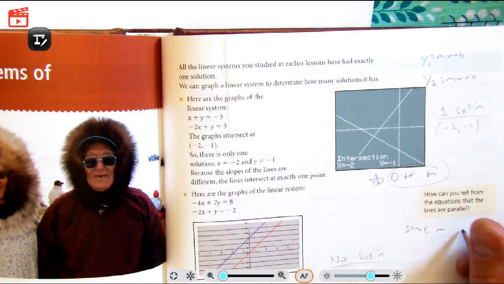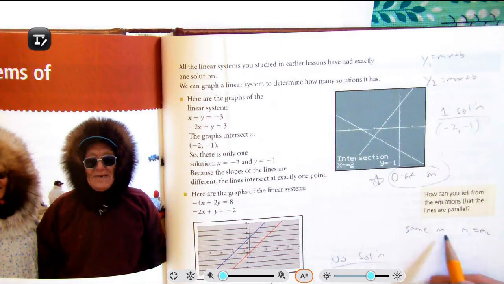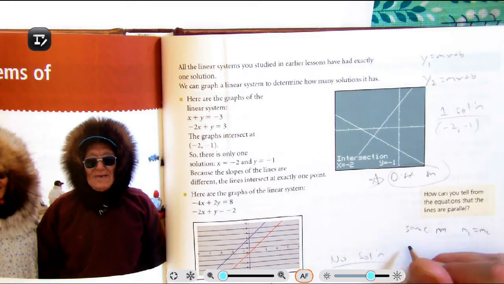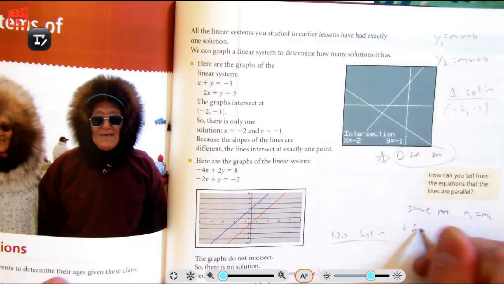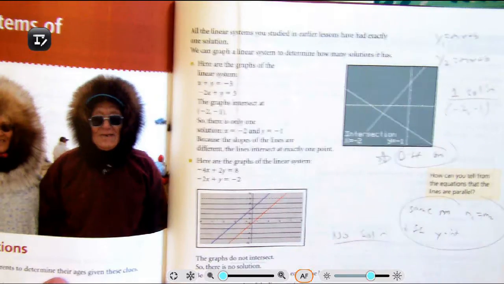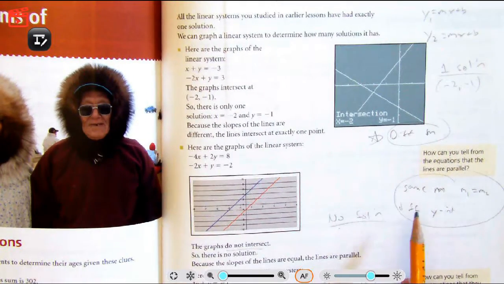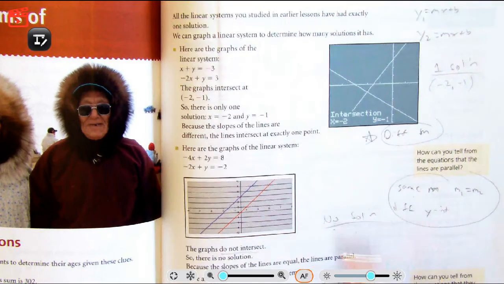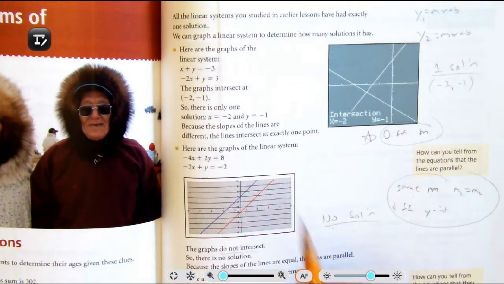So in other words, when m1 equals m2, but you technically also have different y-intercepts. Okay, so same slope but different intercepts, you're going to have no solution. Because same slope means they're parallel. But you have to have a different y-intercept clearly so they don't cross.